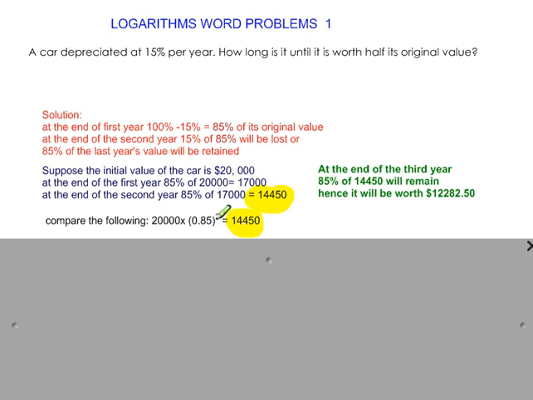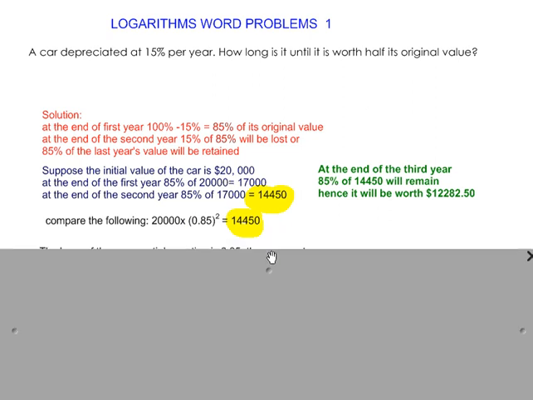So now n, or the exponent, 2 represents year 2, 20,000 represents the first year in the beginning, so the price of the car is 14,450. So this is the formula that we will be using to find the solution to the problem.